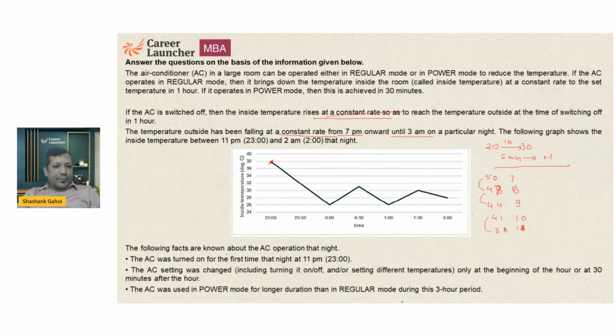Now the AC was turned on for the first time at 11, that is 23:00. This is what the question is telling us. The AC setting was changed only at the beginning of the hour or at 30 minutes, meaning the setting can be changed at any of these points.